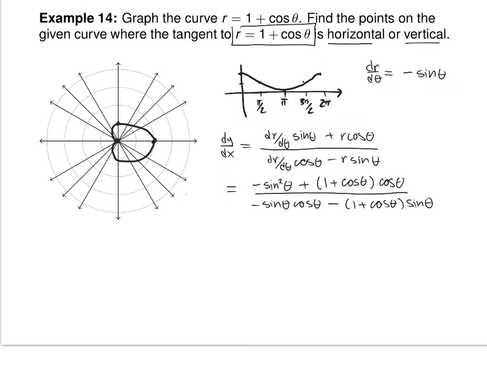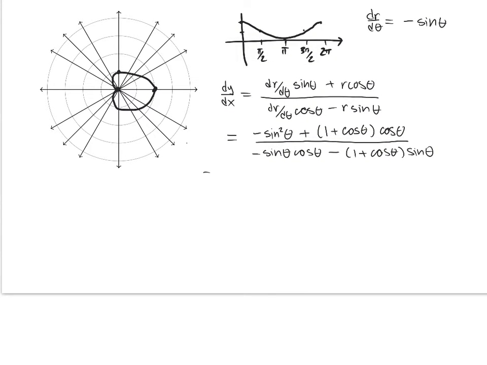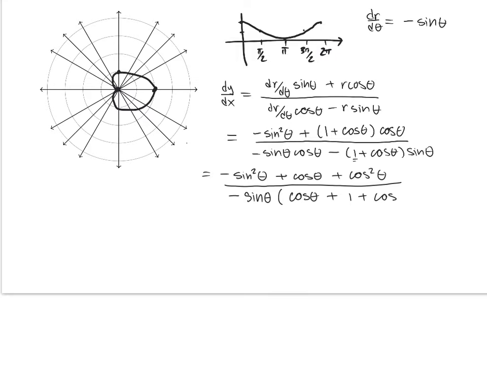So that's negative sine squared theta plus cosine theta plus cosine squared theta over, is there a greatest common factor in the bottom? I could take out a negative, and I also could take out sine, I think just sine, not cosine. So if I say negative sine, then I'd have cosine theta plus 1 plus cosine theta. Do you buy that?